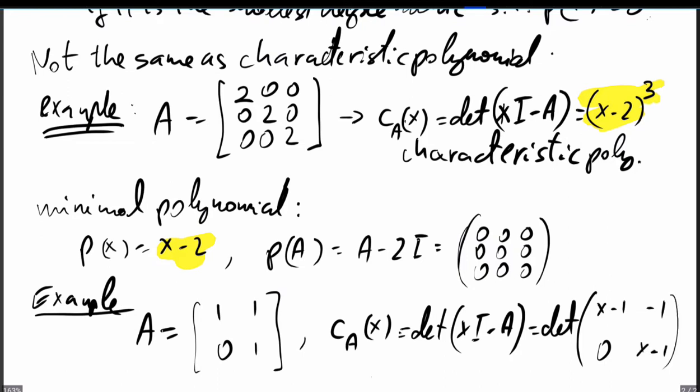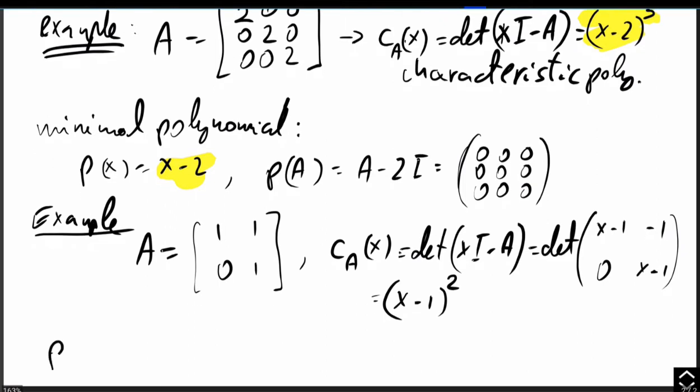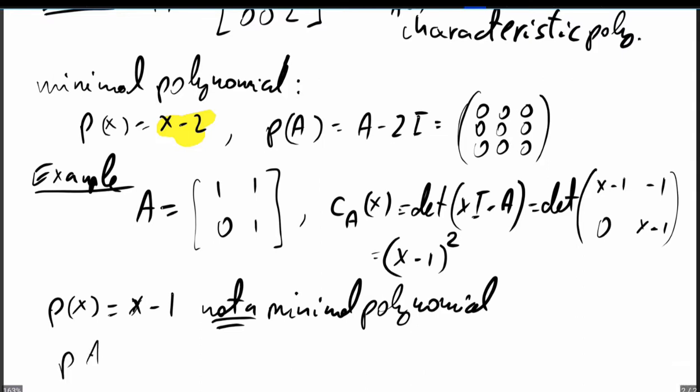It is a triangular matrix, so the determinant will be x minus 1 squared. And you see that 1 is a repeated eigenvalue. But you can also see that p of x equals x minus 1 is not a minimal polynomial, since if you substitute A into this, you get A minus I, which is 0, 1, 0, 0, and that's not the zero matrix.